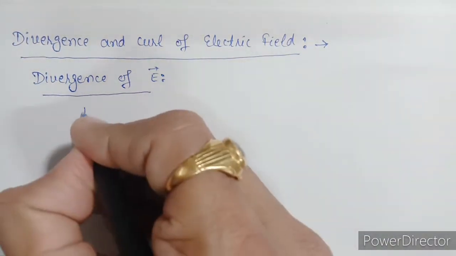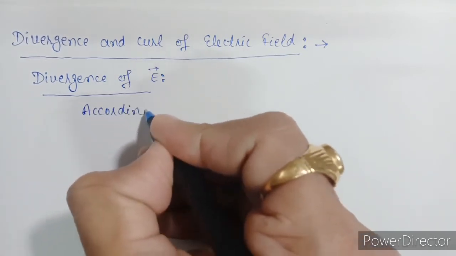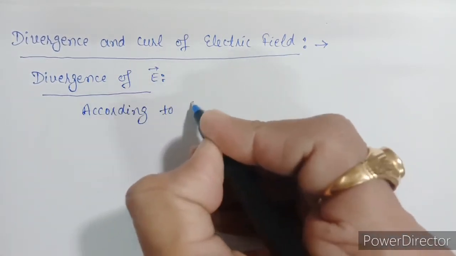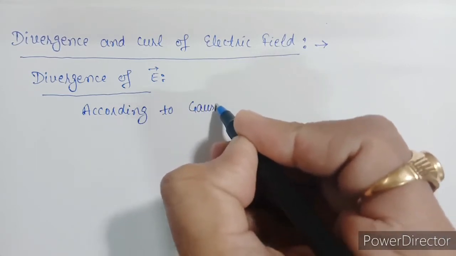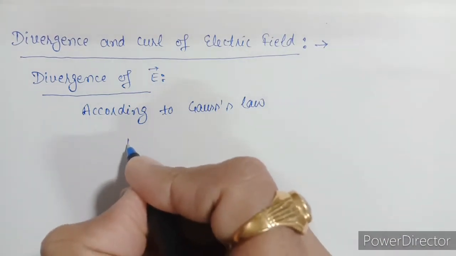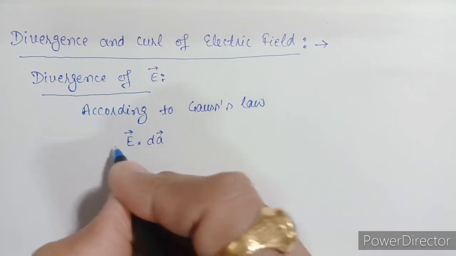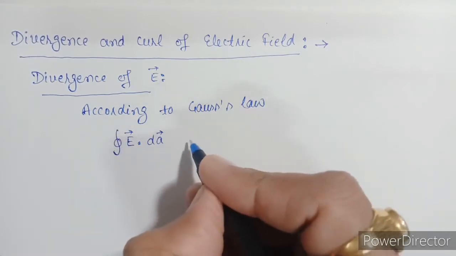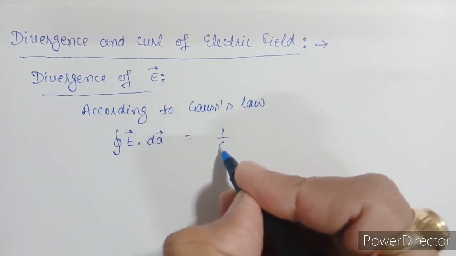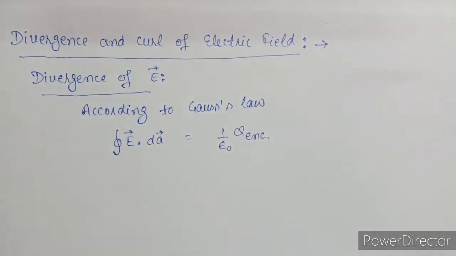So here, according to Gauss law, that is the integral form of Gauss law, the closed surface integral of E dot dA vector is equal to 1 over epsilon naught times Q enclosed, that is the total charge enclosed within the closed surface.